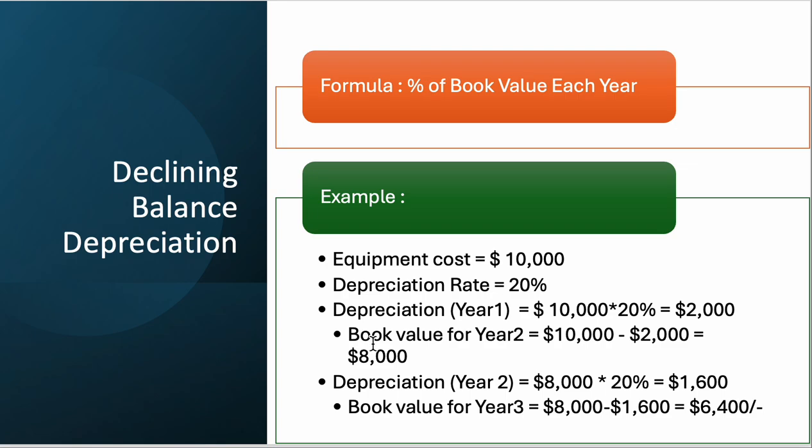So the book value became 8,000. So 20% of 8,000 is equal to 1,600. So by the example you can understand that the depreciation is charged more in the early years and it gradually decreases.